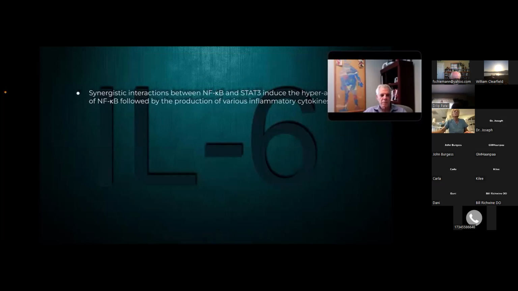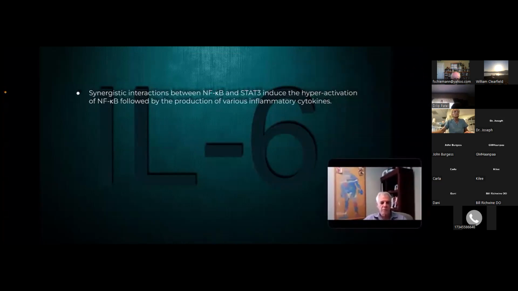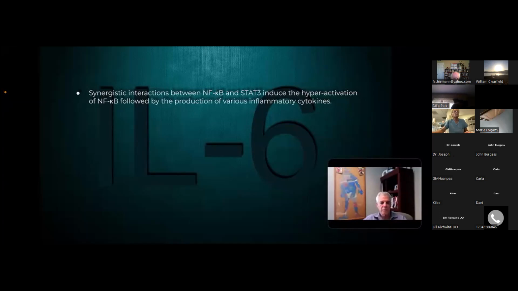Synergistic interactions between NF-kappa beta and STAT3 induce the hyperactivation of NF-kappa beta followed by the production of various inflammatory cytokines. Hopefully I won't mess up my screen here if I bring this down. So here's the big aha. There's a synergistic interaction between NF-kappa beta and STAT3.